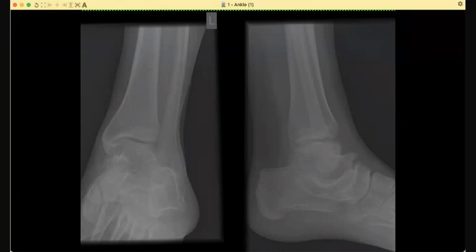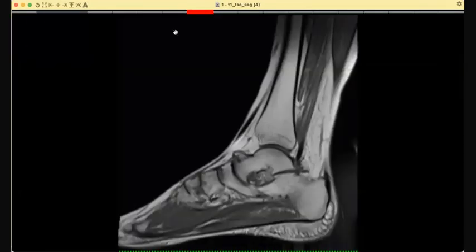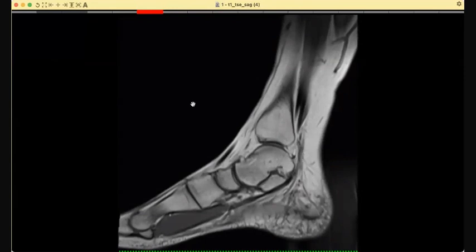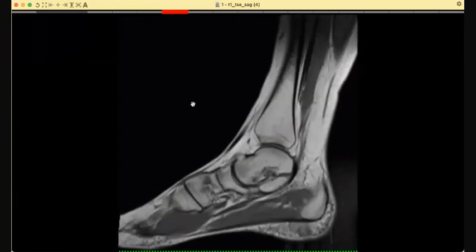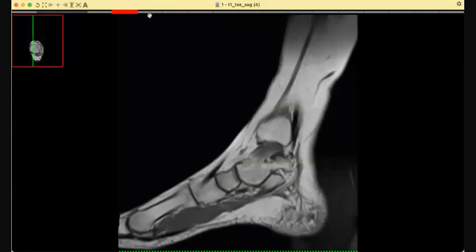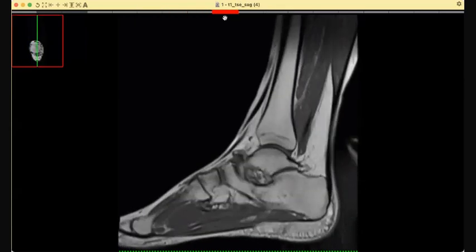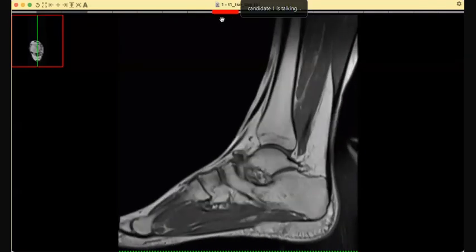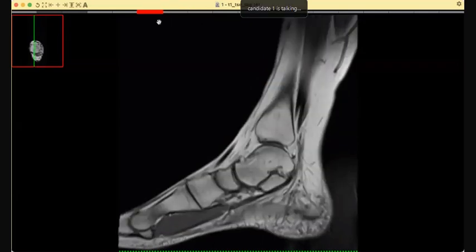Okay. I'm going to show you an MR of the same patient. Can you scroll through this? I've just requested it. Okay, I'm able to scroll through the images. So I'm presented with MRI of the foot and ankle in sagittal T1.